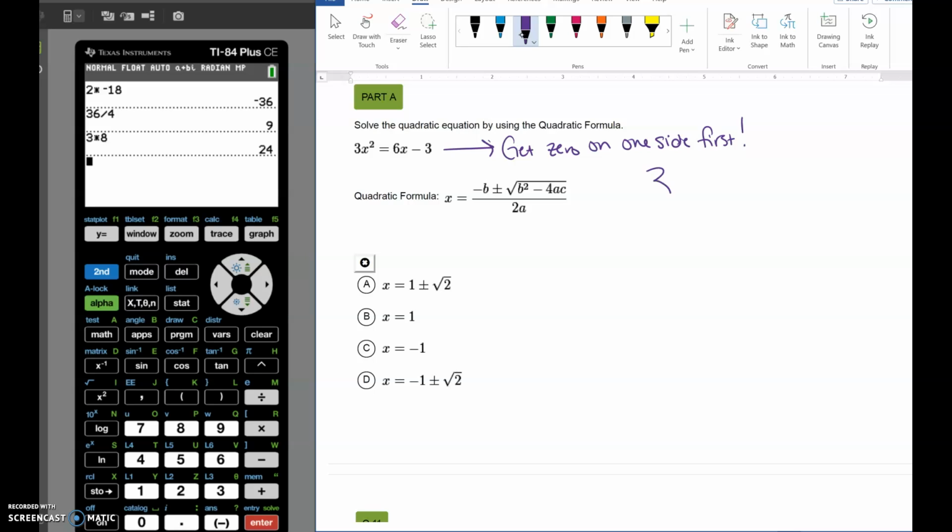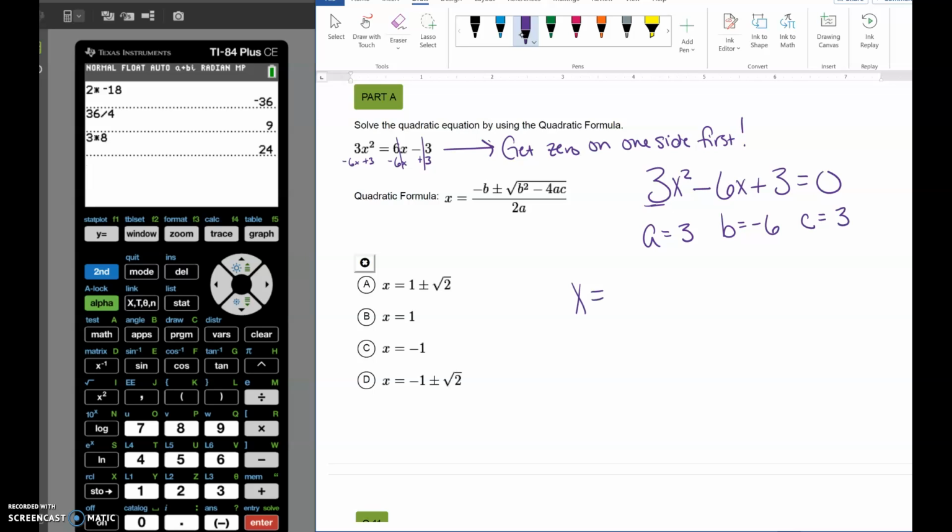So we've got 3x squared minus 6x plus 3 equals 0. I decided to subtract 6x and to add 3 on both sides. I like to keep my a term positive if possible. So a is 3, b is -6, c is 3.